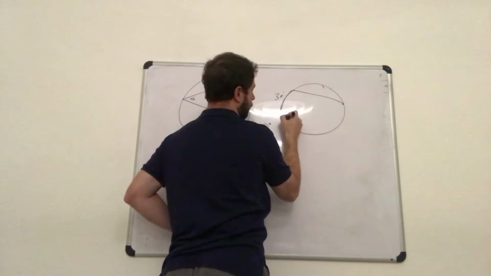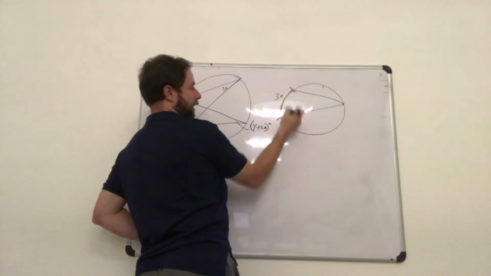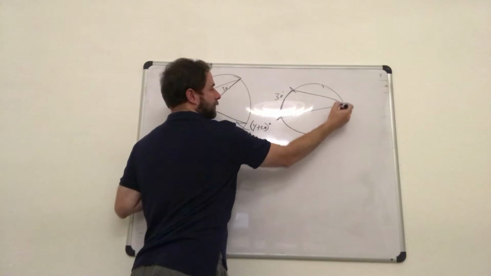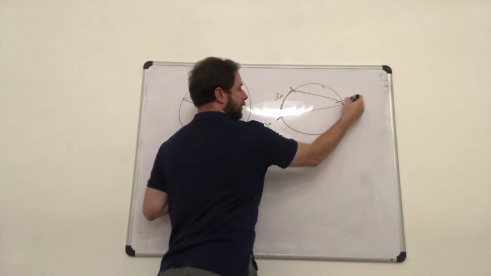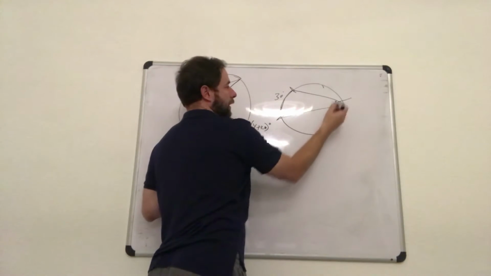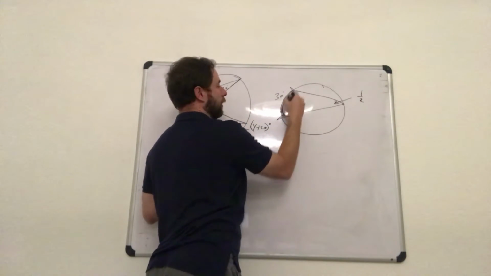From that point to that point is a 30-degree arc, and it goes all the way to the other side. Well, an inscribed angle is what this angle is called, and it's inscribing this 30-degree arc. And this inscribed angle is half of its outer arc.